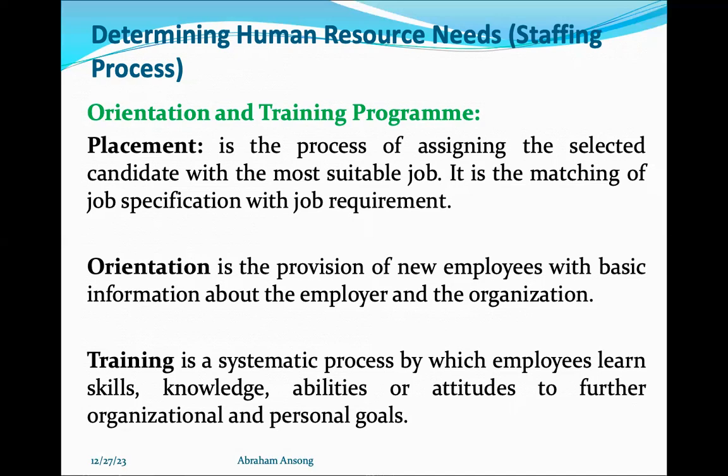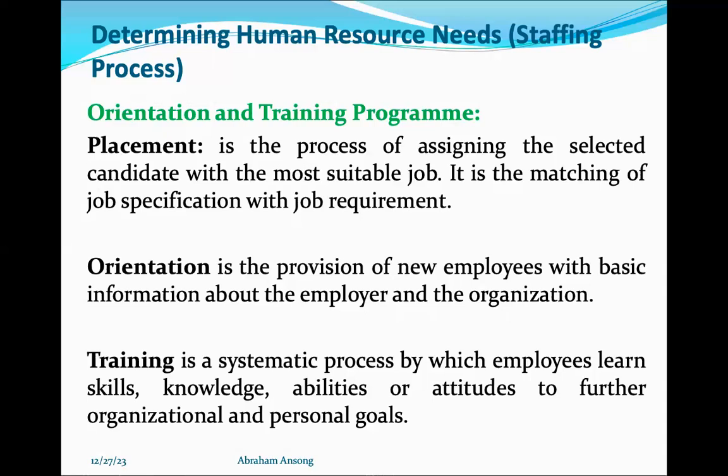All right. If they get this wrong, they may have employed the right person, but the person will not be able to perform because they actually placed the person at the wrong job. Okay, they gave the person the wrong job, a job that did not meet the qualifications, the experience, and the abilities of the person.